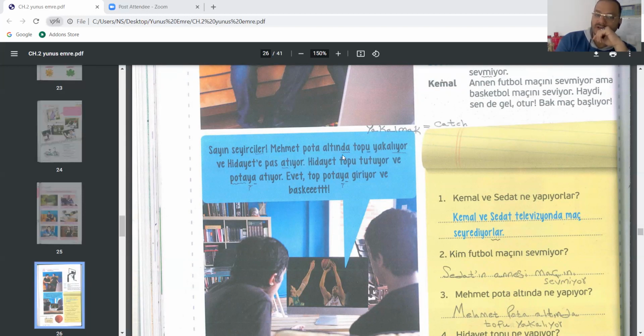Mehmet pota altında topu yakalıyor. Yakalıyor means yakalamak, that means catch. Mehmet catches the top, that means the ball.